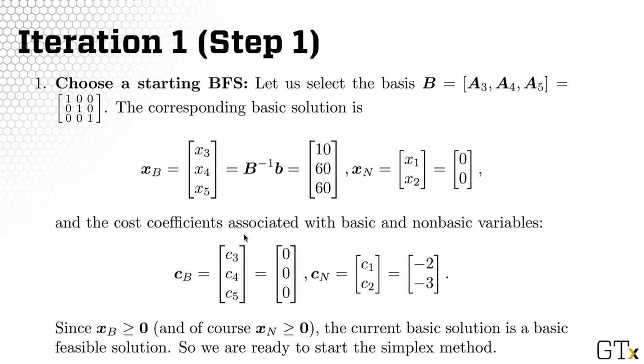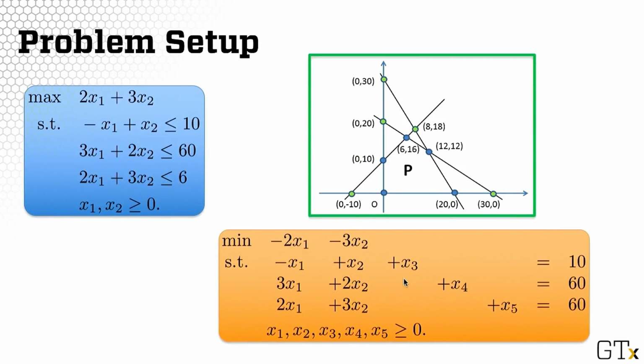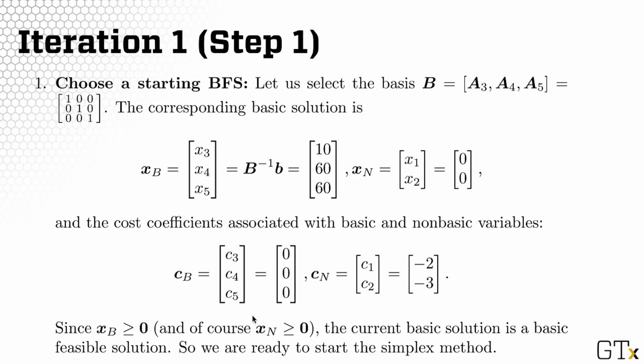The cost coefficients associated with this basic feasible solution are the following. The basic part are c3, c4, c5, and they are zeros because these are slack variables. The non-basic part are -2, -3. So if you go back, -2, -3, 0, 0, 0. That is our starting point.